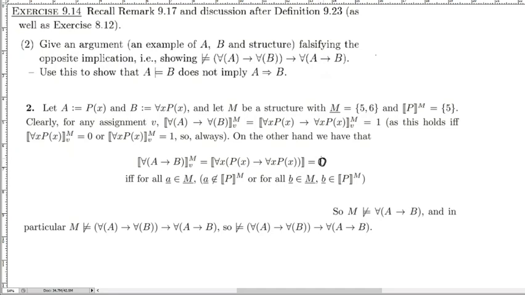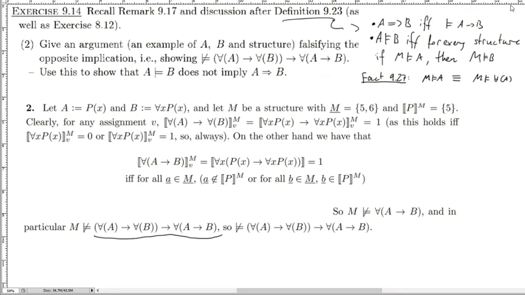It will always be 0 under this structure M. So this means that M does not satisfy for all A implies B, and hence, if M doesn't satisfy this, it means that M does not satisfy this here.